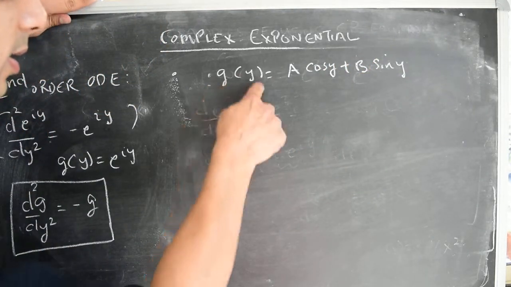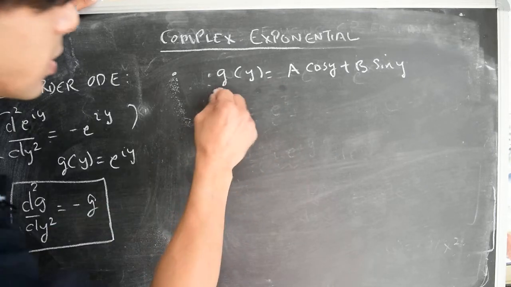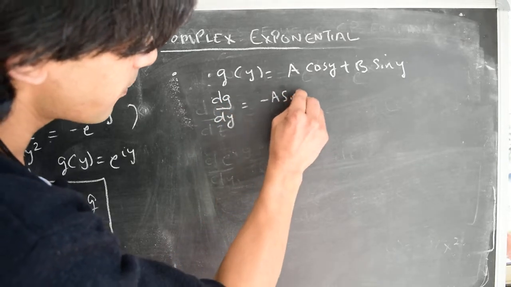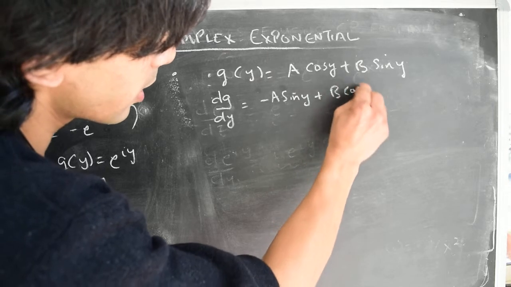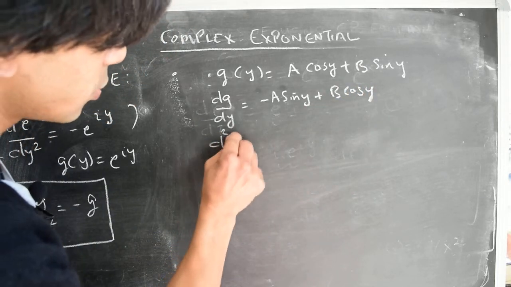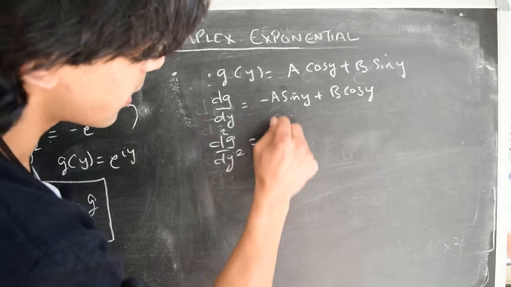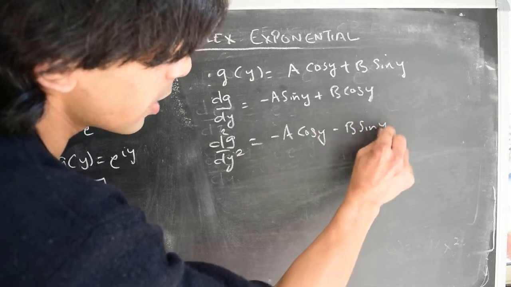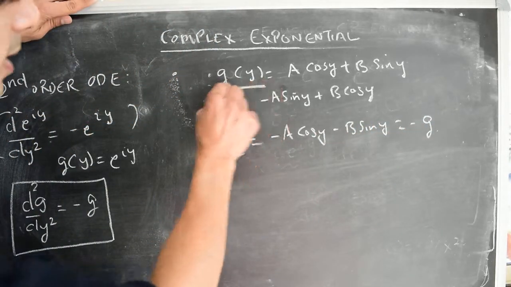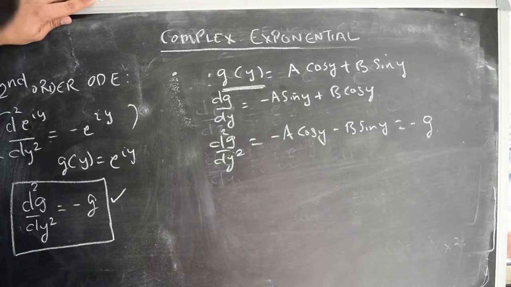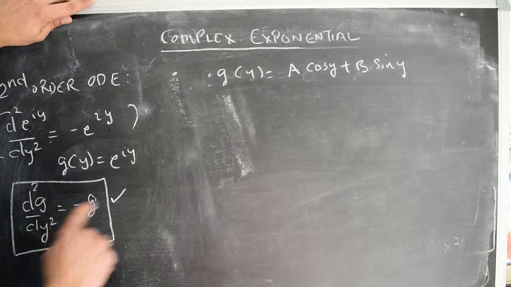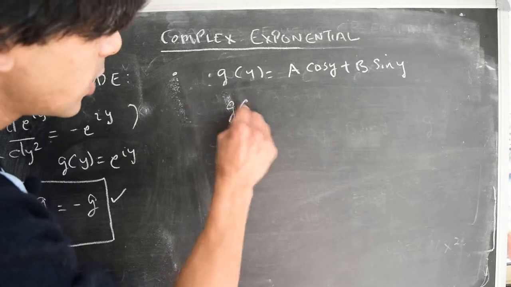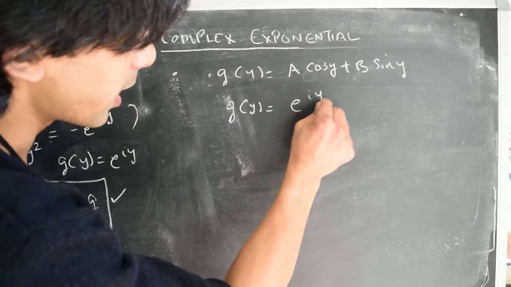And we can check that this ansatz indeed satisfies this equation, because if you differentiate this once, then dg dy is minus a sine y plus b cosine y, and if you differentiate it once more, then d2g dy squared is minus a cosine y minus b sine y, which is indeed minus g, and therefore this ansatz satisfies this differential equation. Here g(y) we postulated to be e to the power iy.